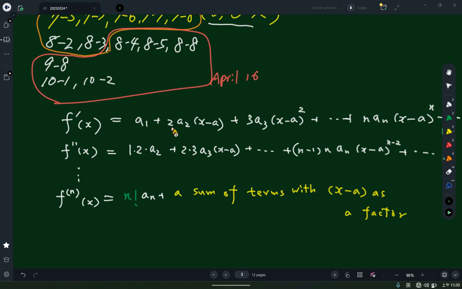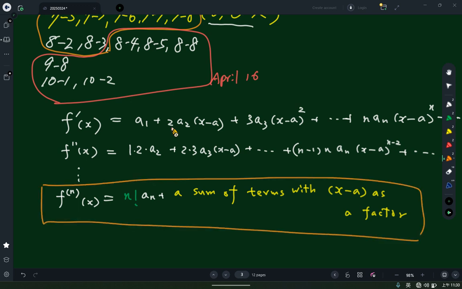So this general form is very important. Okay, so you can just check it out.